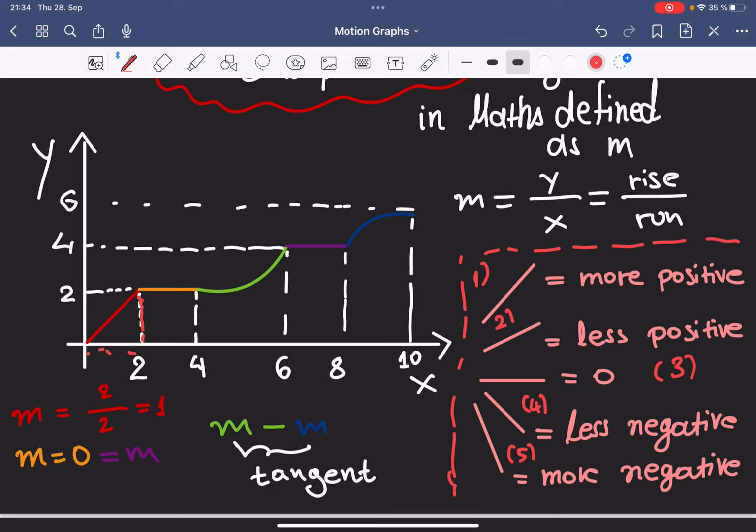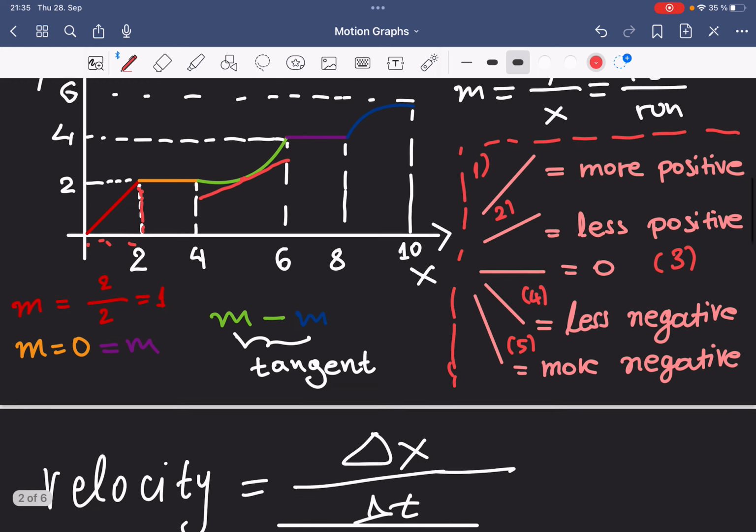So let's say if I want to know the gradient at this point, I would have to draw the tangent line at this point, and this would help me define the gradient at this point. This will become much clearer once we dive into some examples. I hope this is clear.